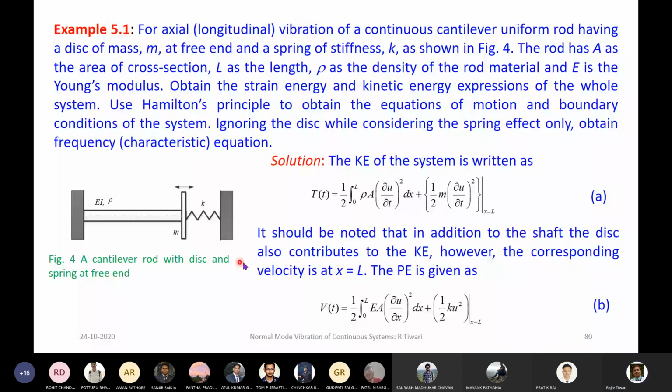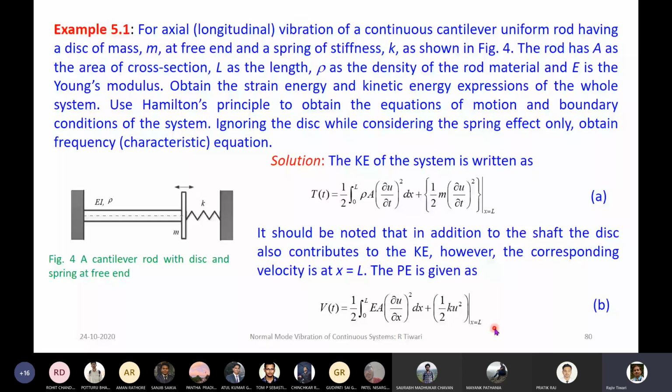And then in the strain energy, this was the strain energy earlier for the continuous part, and because of this spring, there is additional strain energy, half k u squared, where u is the displacement at the free end, so at x equal to L. So this is the additional potential energy.